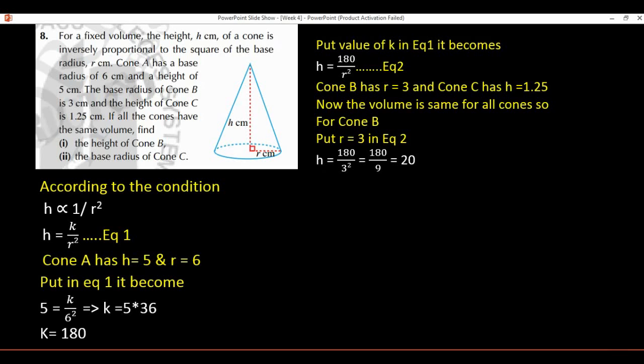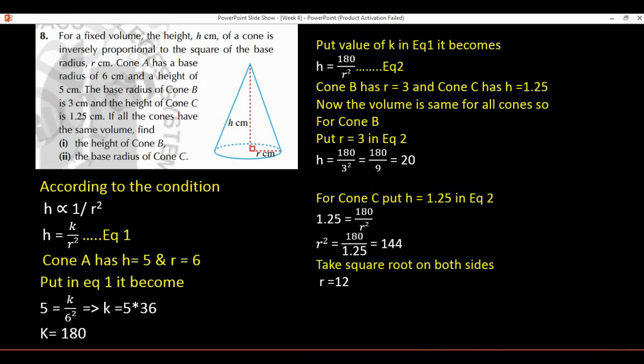So for cone B, I can use equation number 2 again. h is equal to 180 over, instead of r, I will put r is equal to 3 in it. So we will find the height of cone B, which is 20. And for cone C, I will put h is equal to 1.25 in equation 2 to find the value of r, which is r square equal to 144. Taking the square root on both sides, r is equal to 12.